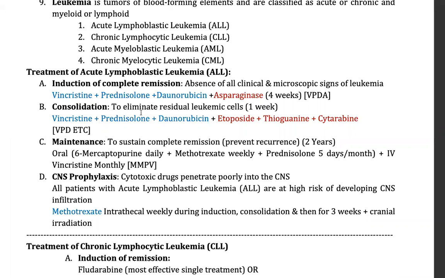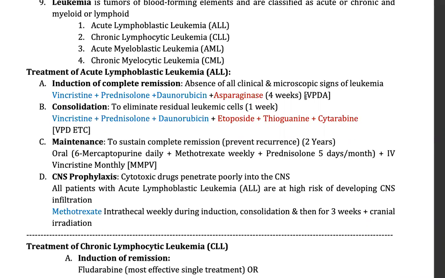It means to eliminate the residual leukemic cells, and it generally requires 1 week, and it should be after the complete remission, and the complete remission needs 4 weeks. In these 4 weeks, you prescribe drugs which result in absence of all clinical and microscopic signs of leukemia.